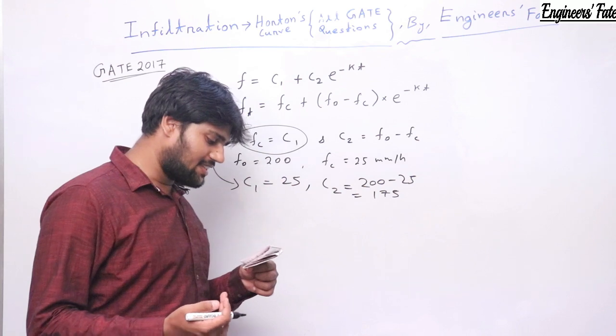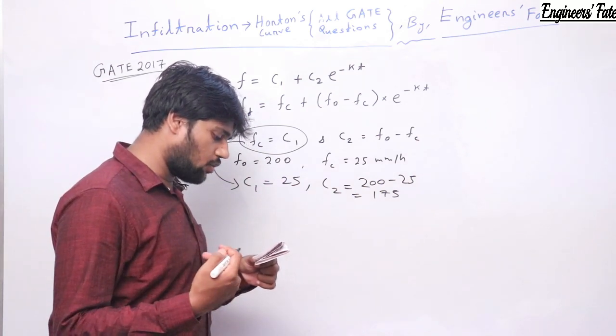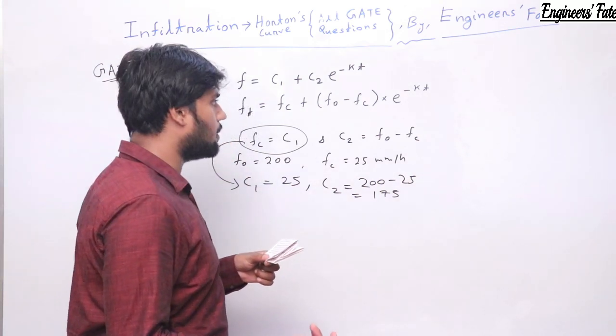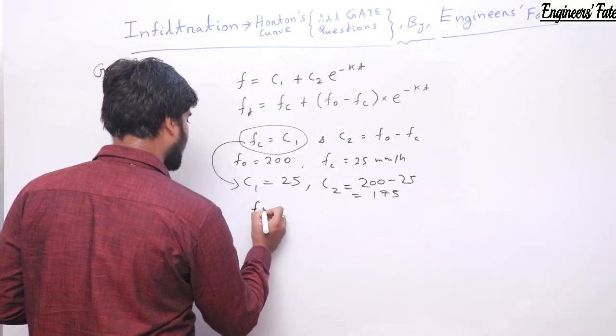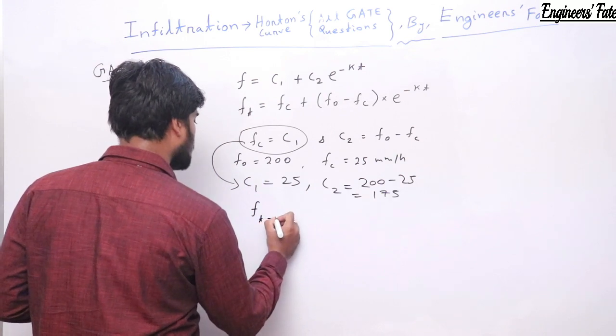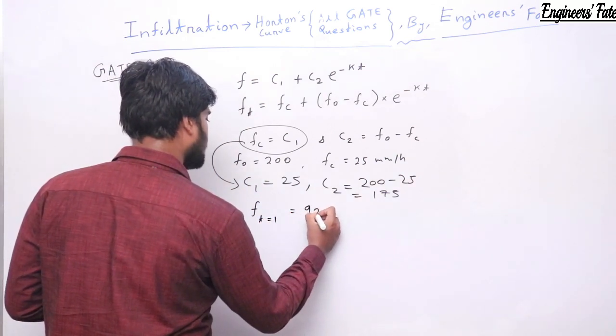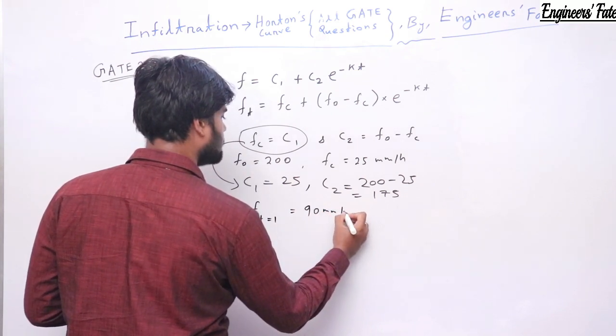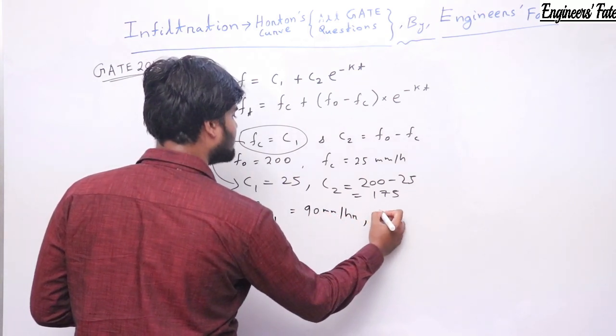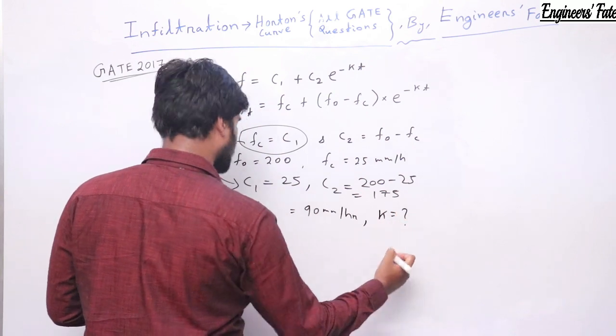And he has given the infiltration capacity after 1 hour as 90 mm per hour. Means infiltration capacity F at t equal to 1 is given as 90 mm per hour. And he has asked us what is the decay constant.